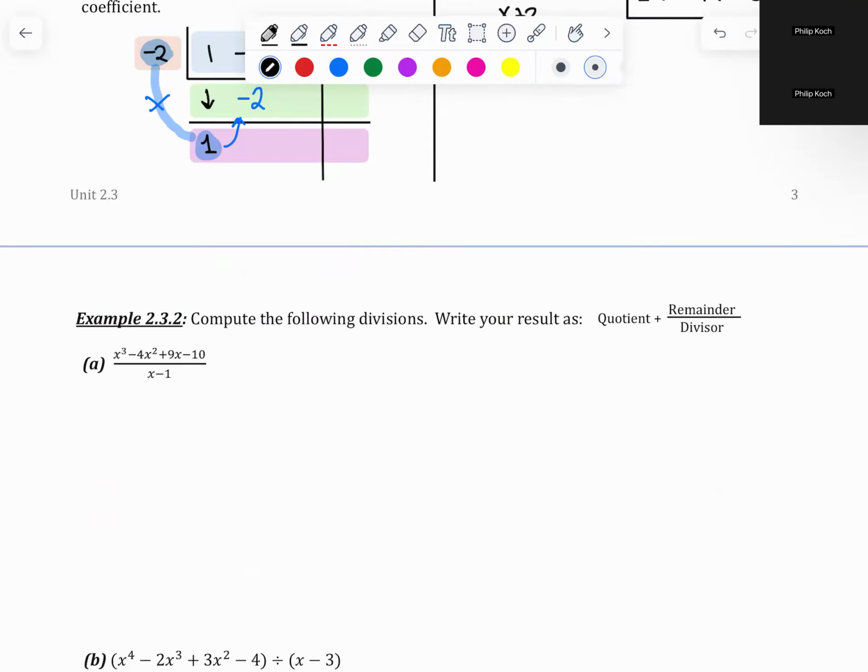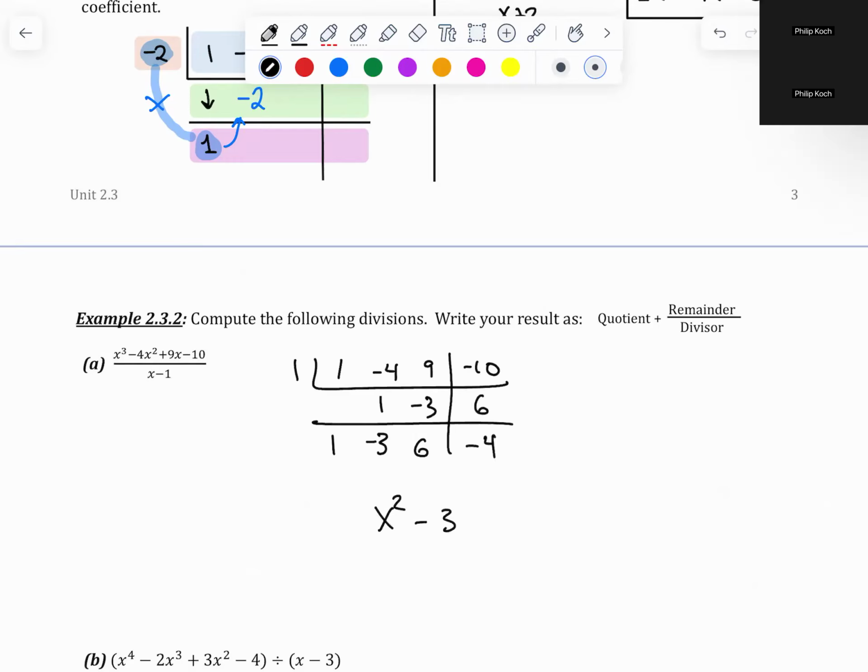This is how fast it can be done. Done. x squared minus 3x plus 6 plus negative 4 divided by x minus 1. How quick was that? Very quick. That was less than 30 seconds.